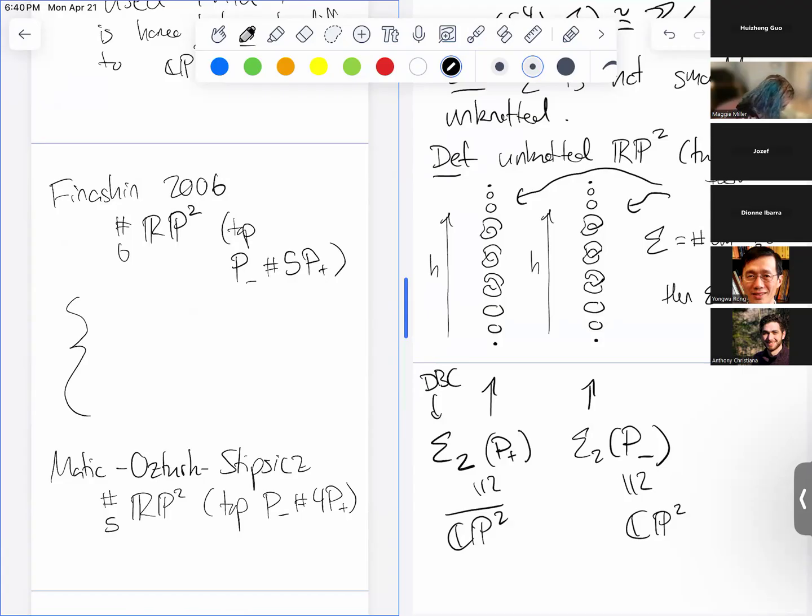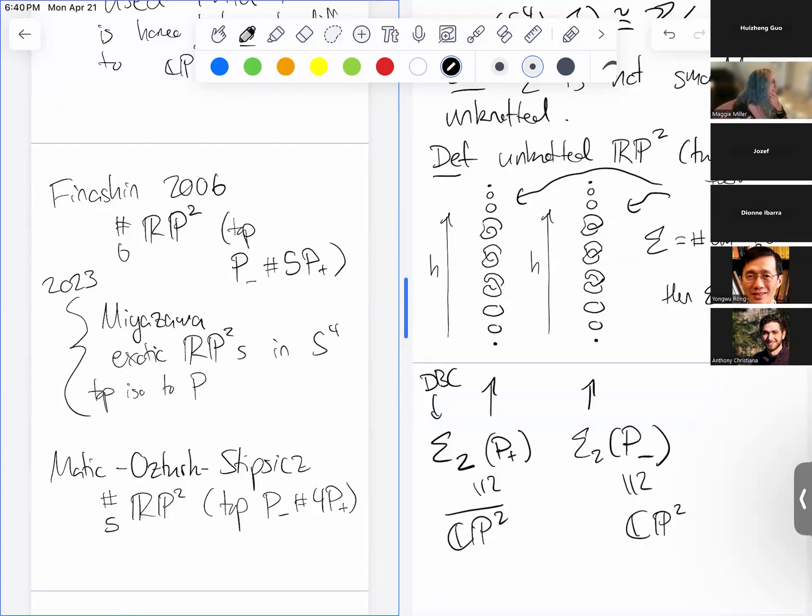And then at the end of 2023, there was this paper by Miyazawa, a really cool paper, where he gave exotic RP2s in S4. By exotic, these are going to be topologically isotopic to the unknot. I think that for him, he says P plus. You can always mirror.